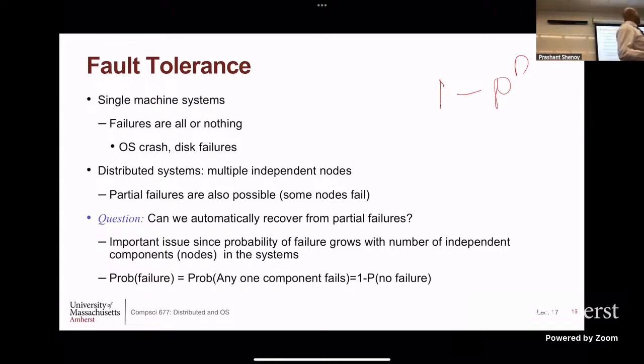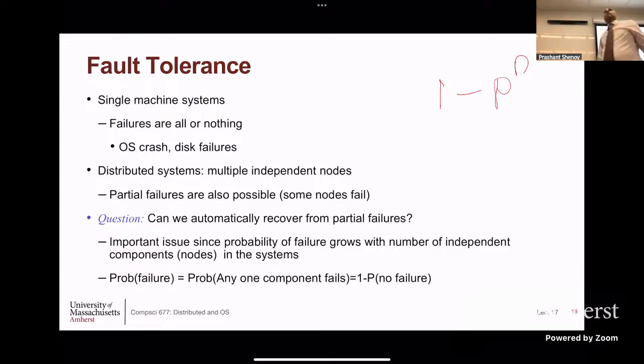Now as n goes to infinity, which means the system size is becoming larger and larger, what does this term become? It's going to trend to 1, because p is strictly less than 1. There's some probability that it'll stay up, but it's not 1. There's always a chance of failure. So p is a fraction, and a fraction to the power n, as n grows, will always go to 0. So this term is going to go to 1.